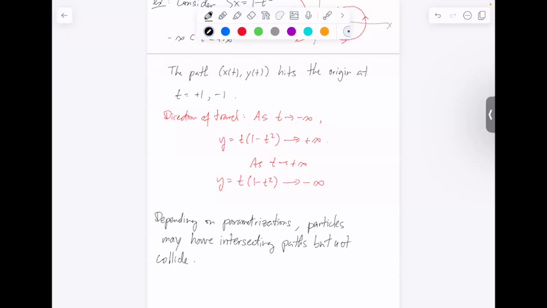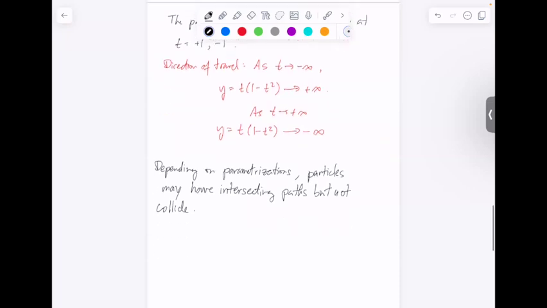They don't just collide with each other, because even though their paths intersect, they don't occupy that intersection point at the same time. In the same way, two particles can have paths that intersect, but the particles themselves don't collide because they don't occupy that intersection at the same time.